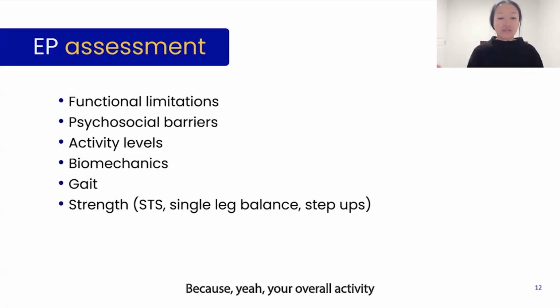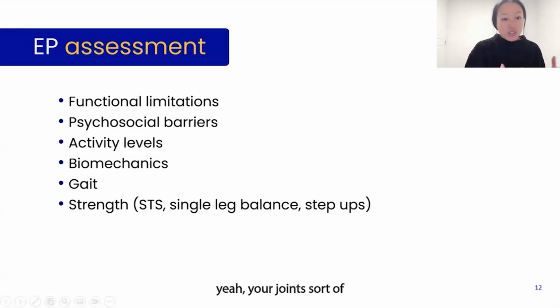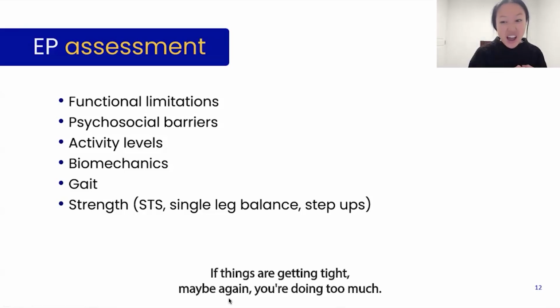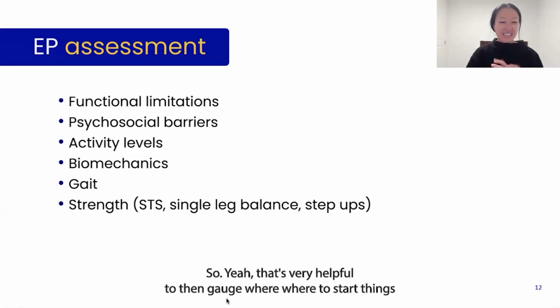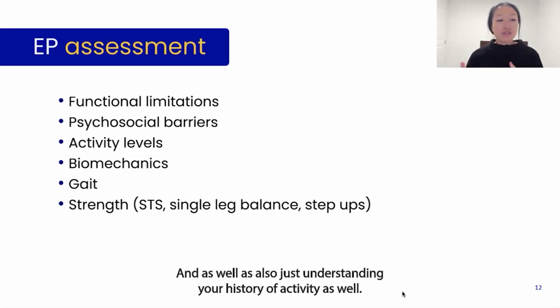Because your overall activity levels really make a difference for me to understand how much your joints are stiff in positions, if things are getting tight, maybe again, you're doing too much. So yeah, that's very helpful to then gauge where to start things and maybe where to pull things back as well. And as well as also just understanding your history of activity.